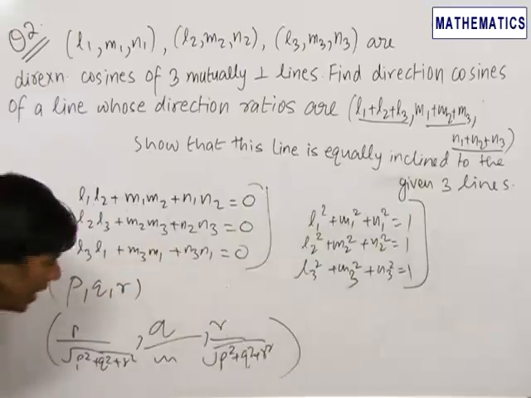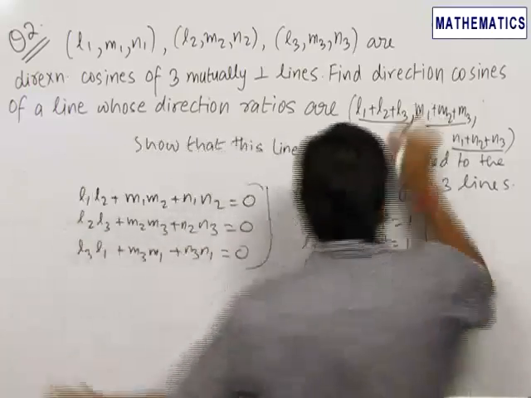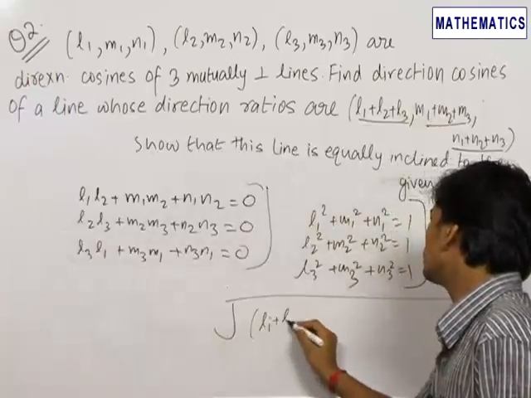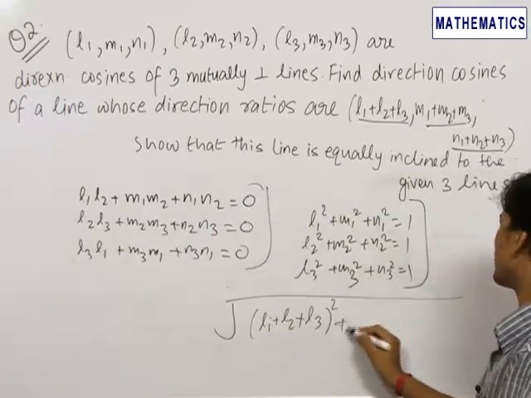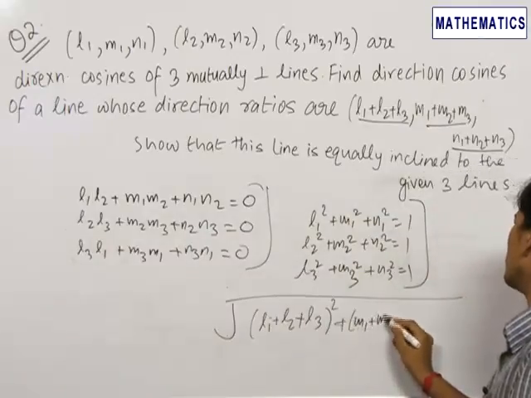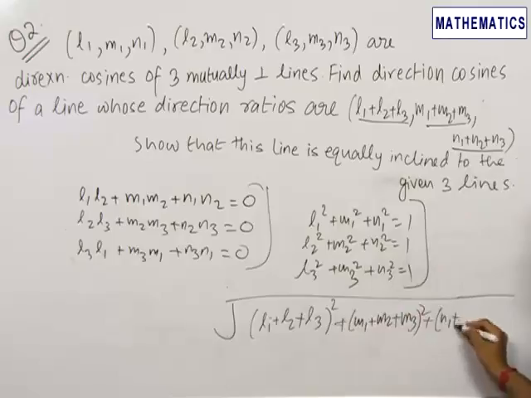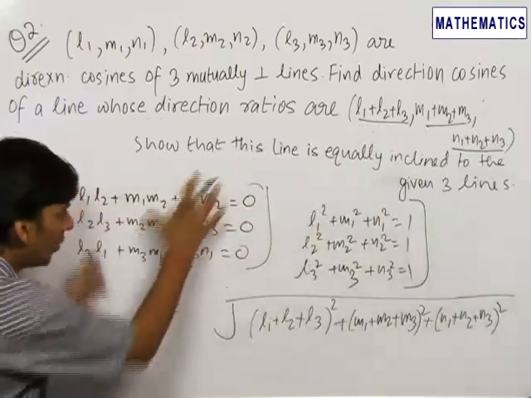Therefore, let us find the value of root over L1 plus L2 plus L3 whole square plus M1 plus M2 plus M3 whole square plus N1 plus N2 plus N3 whole square, and we can easily find the value of this quantity with the help of this given information.